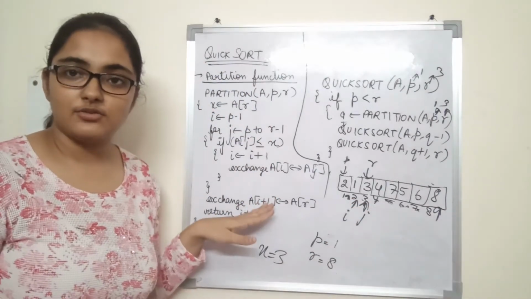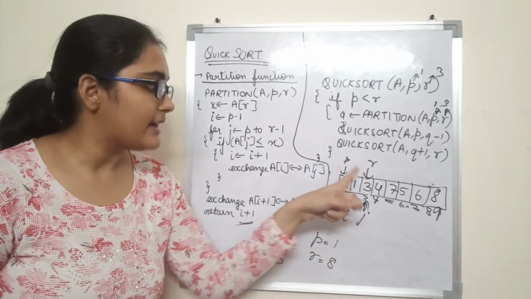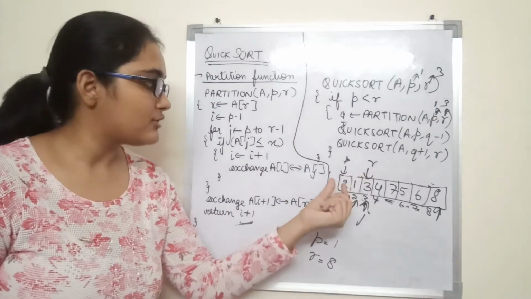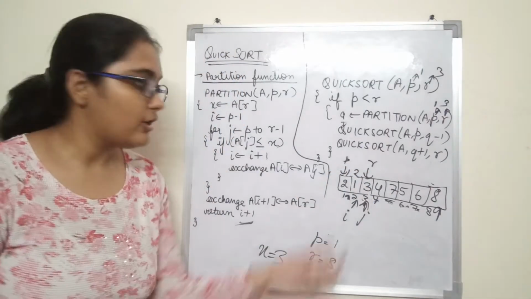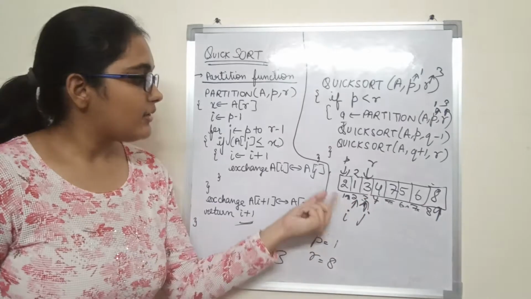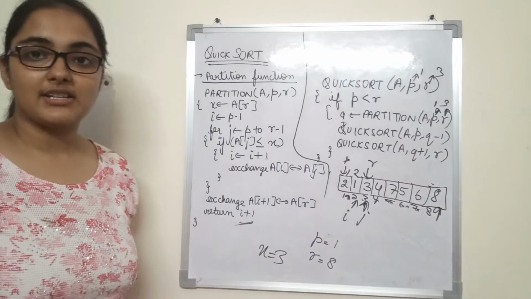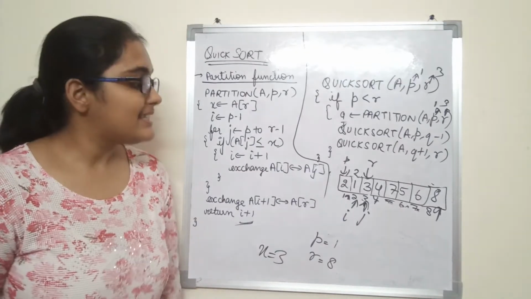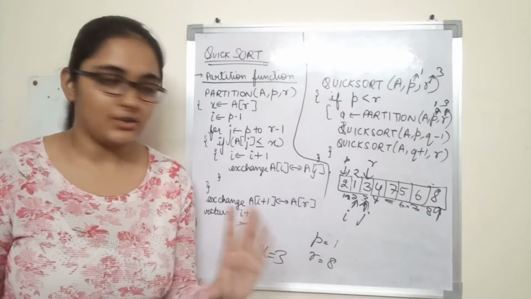Why? Because J has to run only from P to R minus 1. So what was R? R was 3. So it has to run from 1 to 2, right? Index 1 to 2 and not elements 1 to 2, right? So it had to run from 1 to 2, and it has completed its run. So now the partition function is over. So what we saw in this case is that the partition function does not result in anything new. Why?